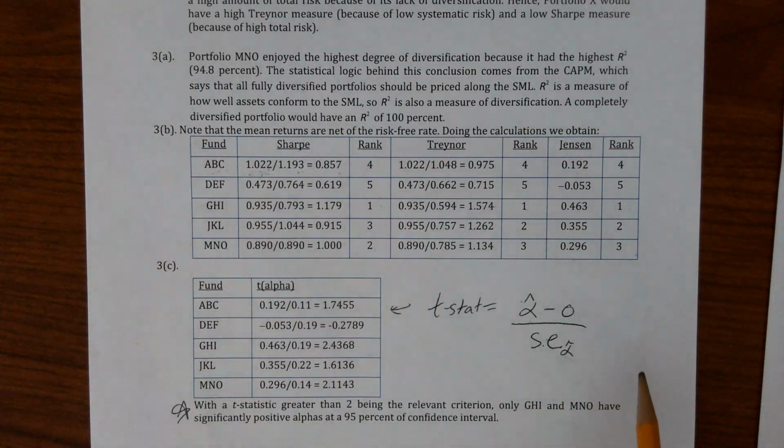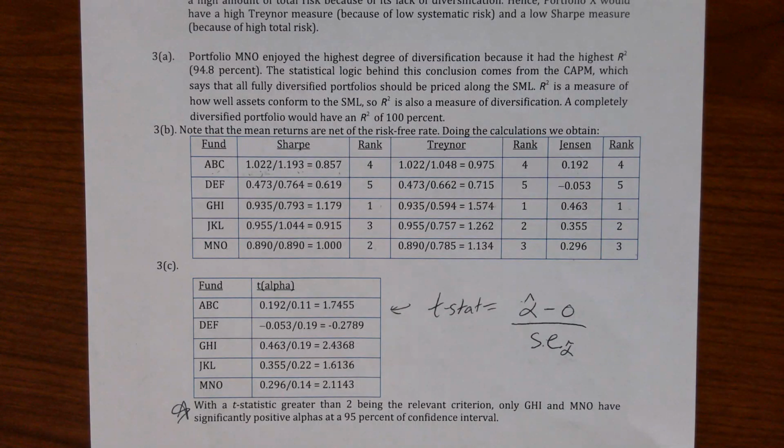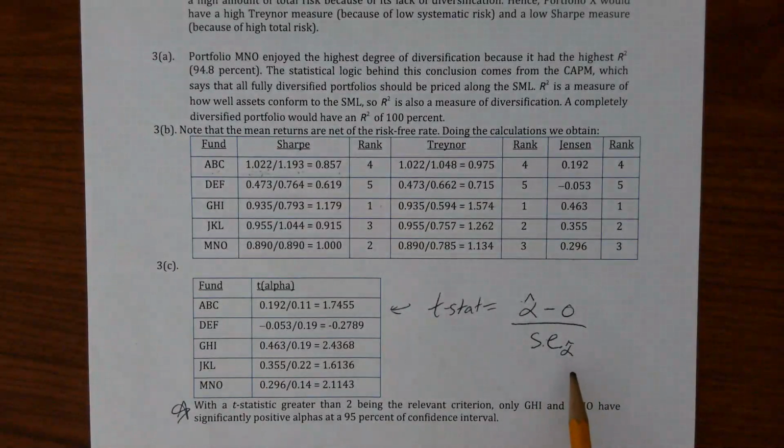In the textbook, in the problem, right, you have the alphas and the standard errors handed to you, right? The standard errors are directly under the alpha hats, right? So in the table, the number in parentheses under the alpha is what I wrote here, standard error of alpha, right? So that's where we're getting these numbers from.